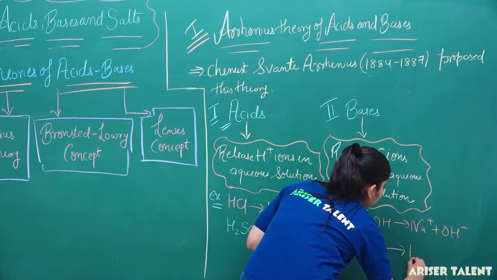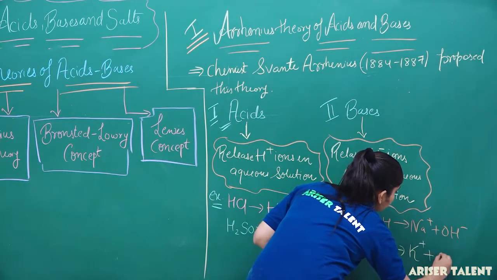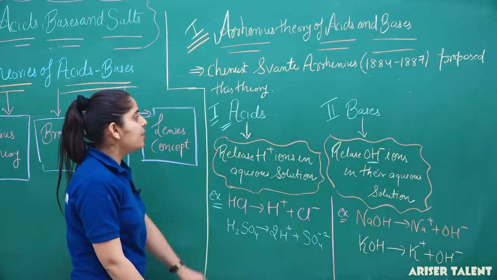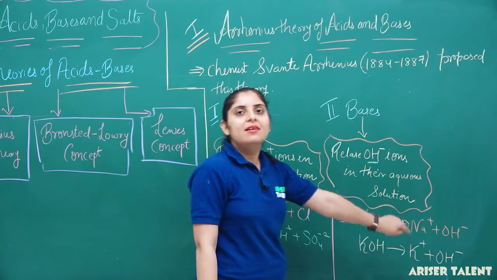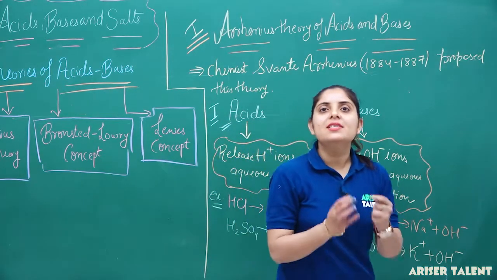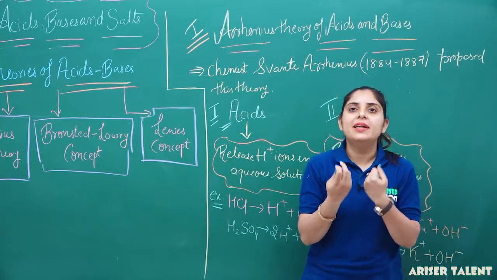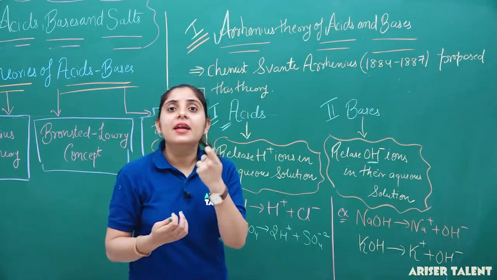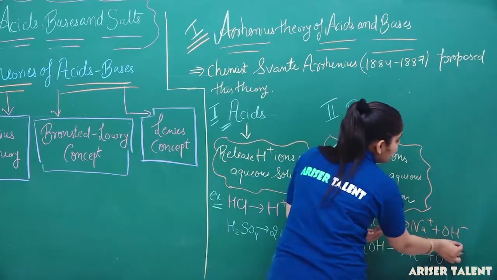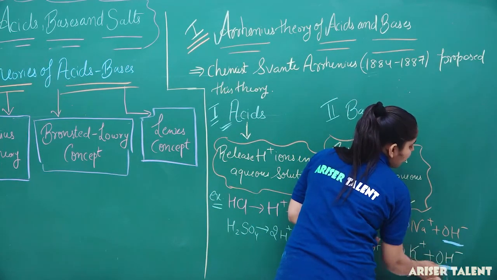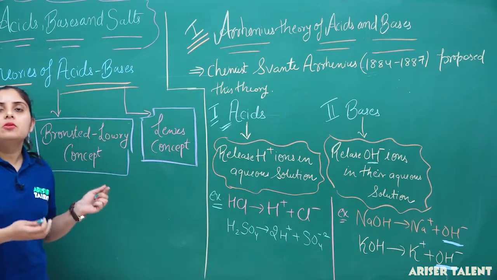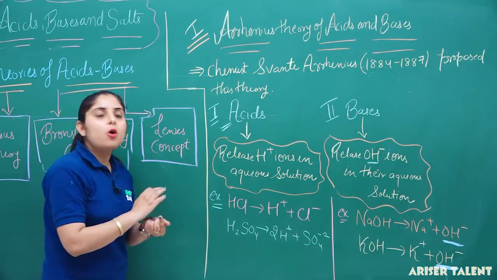KOH will dissociate to give K positive plus OH minus ions. So OH minus ions are released in both cases, and components which have a tendency to release OH minus ions are considered in the category of bases. Arrhenius gave this concept for all the acids and all the bases.